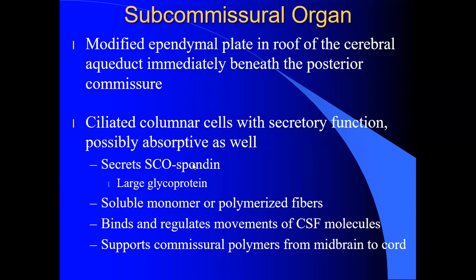People didn't understand quite very well what it was, but in the last 3 years, there's been quite a bit of advance. SCO-spondin is a large glycoprotein. It can exist within the CSF either as a monomer or a polymer. When it polymerizes, it makes long fibers, and these fibers extend all the way from the midbrain down into the spinal cord. There's a long way for these polymers to go, and they bind and regulate CSF molecules.